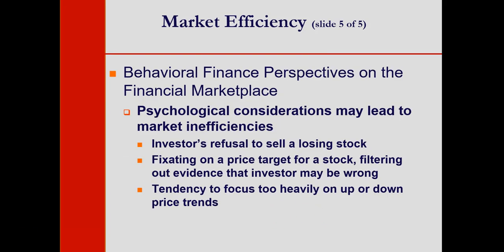Then there is the other aspect of market efficiency, which is behavioral finance. Market efficiency assumes that all the investors are rational. They always value the firm based on their expected cash flows, their prospects. But the behavioral finance perspective says something else.